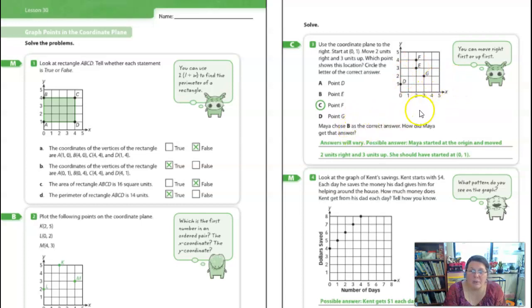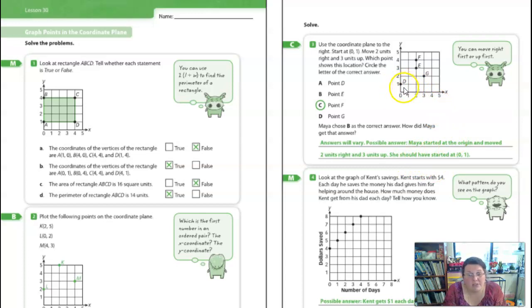Maya chose B, which would be point E, which is right here. And it says, how did Maya get that answer? Maya started at the origin and moved 2 units right and 3 units up. She should have started at 0, 1.